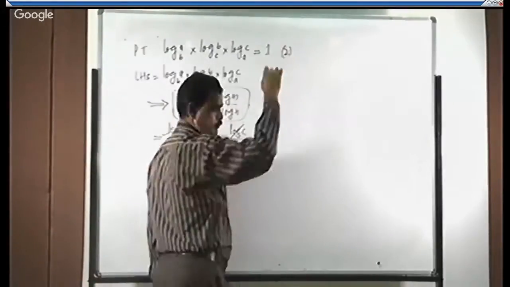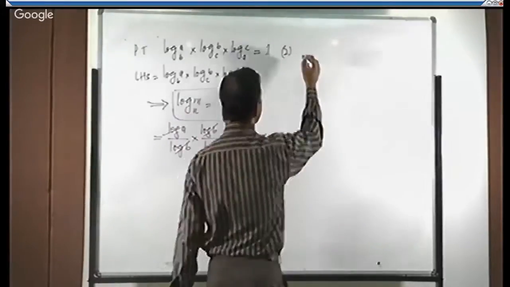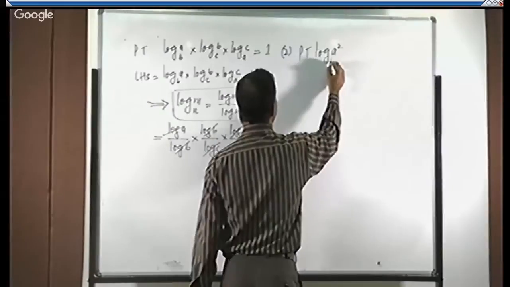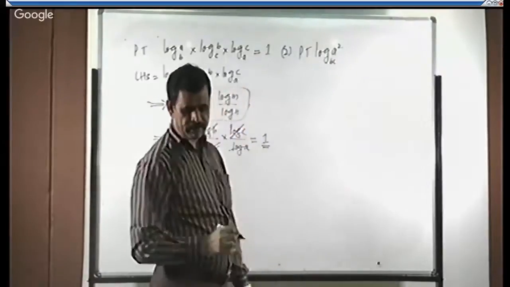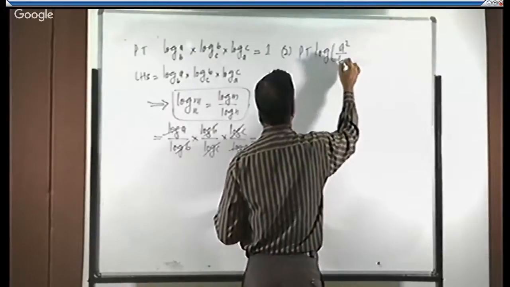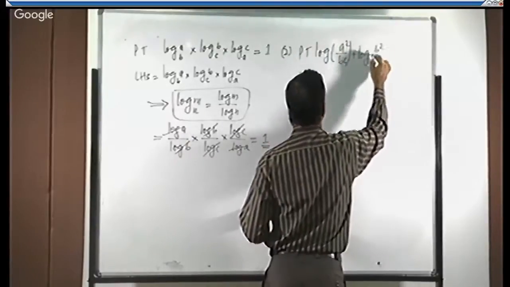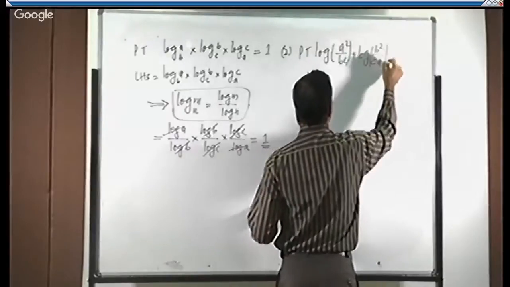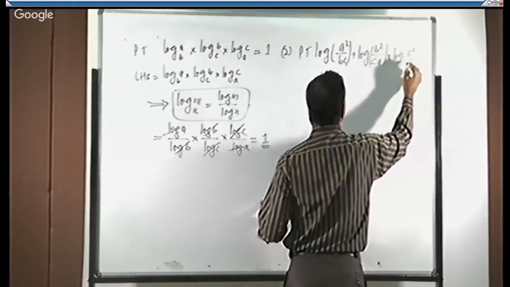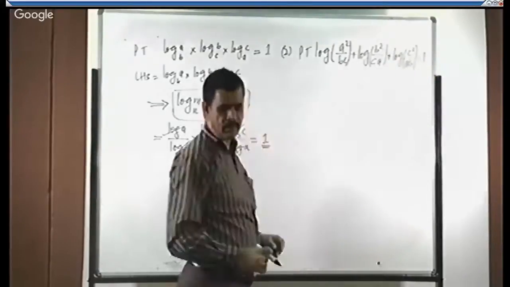Second problem. Prove that log of a square divided by bc plus log of b square divided by ca plus log of c square divided by ab is equal to 1.